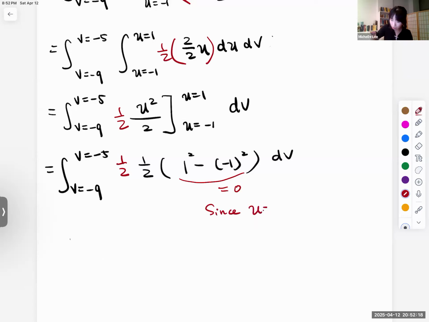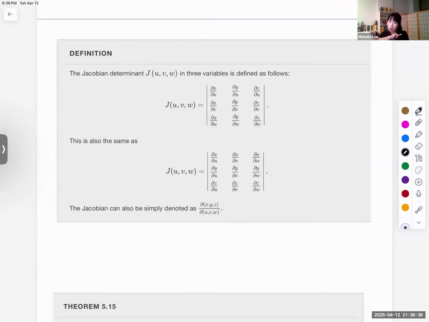Since u equals -1, u equals 1. All right. Okay, so we have a Jacobian determinant for 3 by 3, right? So we know how to do it. Look, this is what we did earlier, this format, because if we don't have the third one, right?